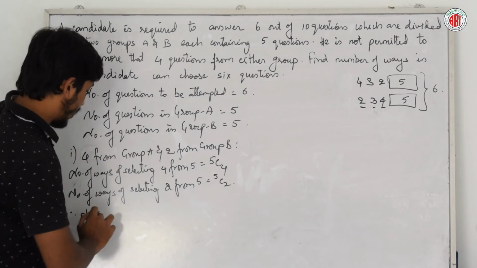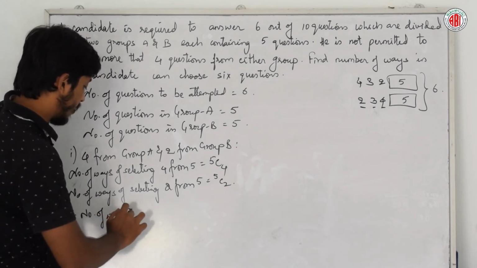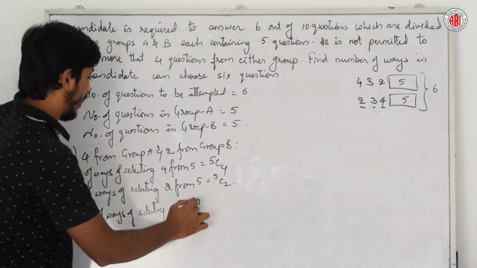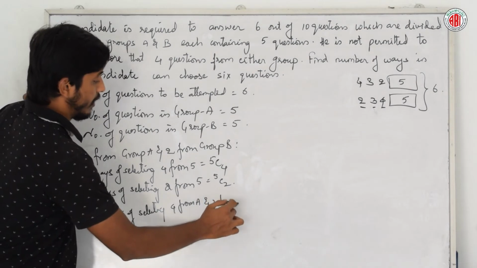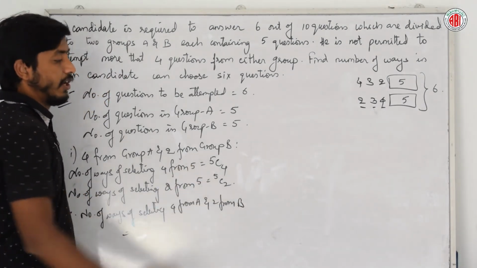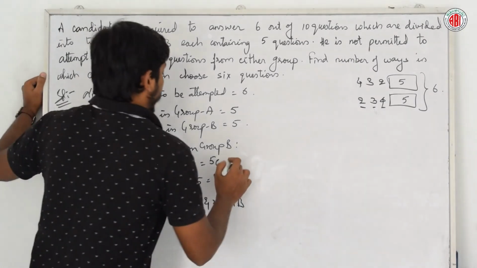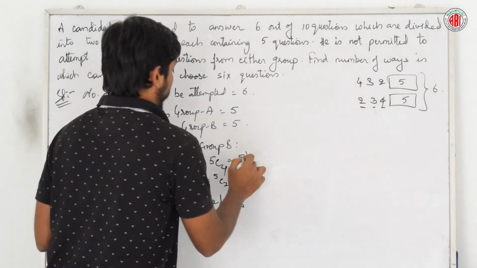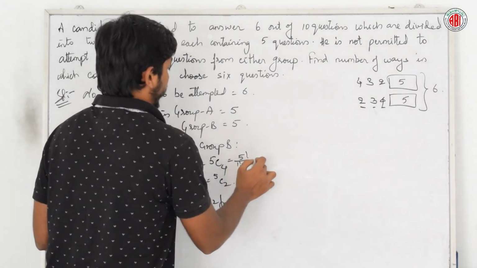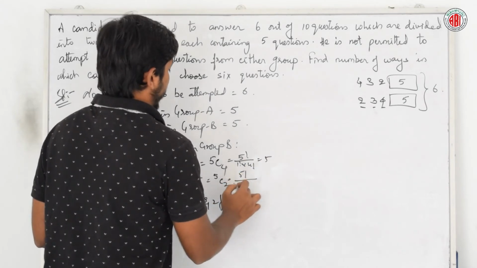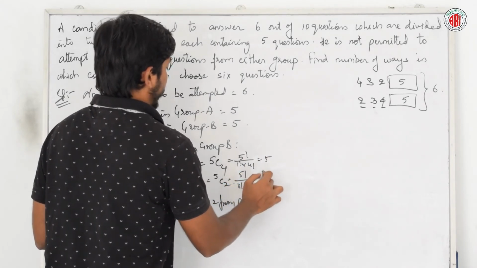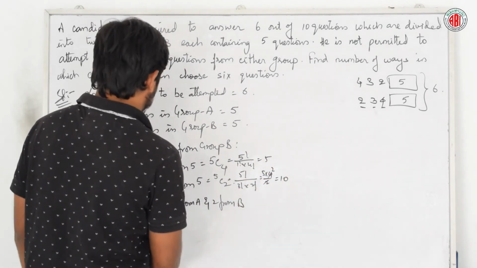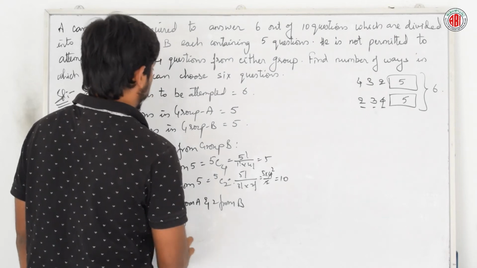Therefore, the total number of ways of selecting 4 from A and 2 from B is nothing but 5C4 into 5C2. What is 5C4? 5. Yes or no? 5 factorial by (5 minus 4) which is 1 factorial into 4 factorial, which is 5. Here 5C2 is 5 factorial by 3 factorial into 2 factorial, that is nothing but 5 into 4 by 2, 2 ones are 2, 2 twos are 4, which is 10. Therefore this is 5 into 10, that is 50.